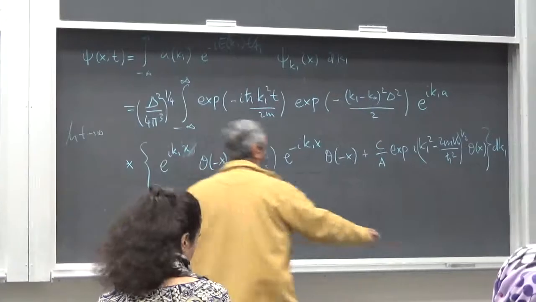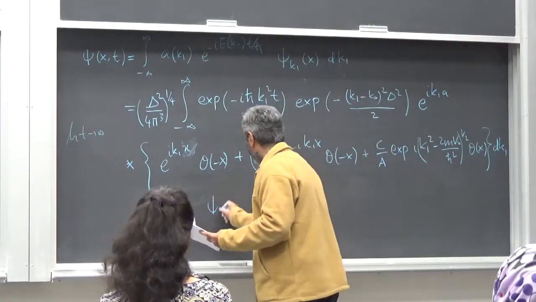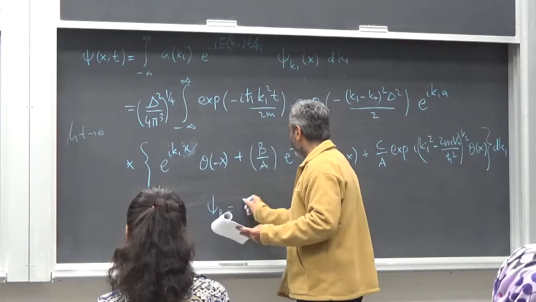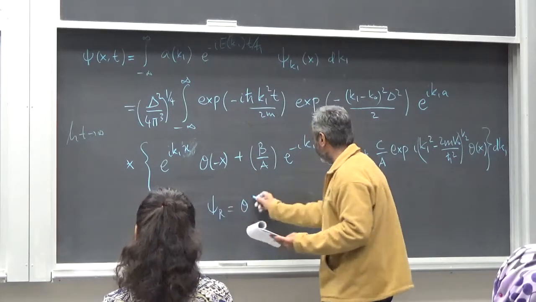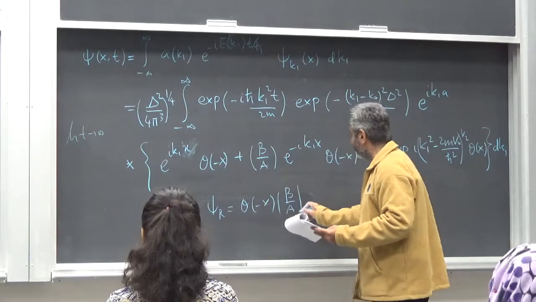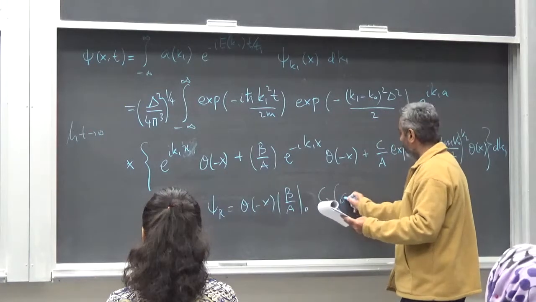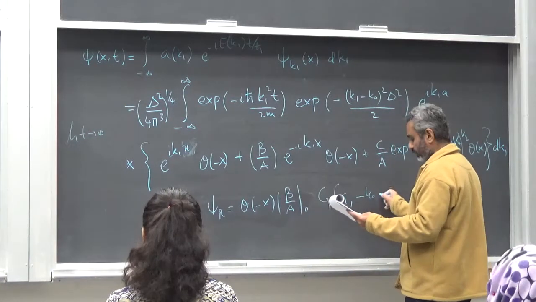So psi of r, if I write psi of r, it will be this theta of minus x, b over a taken out at 0, okay, and then whatever remains will be a Gaussian at a minus k naught.